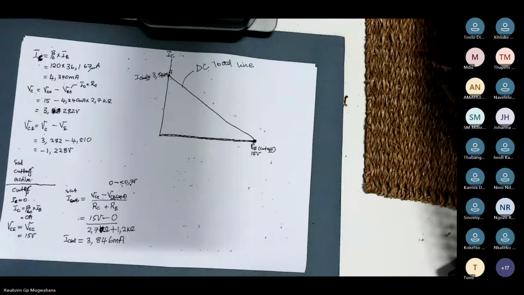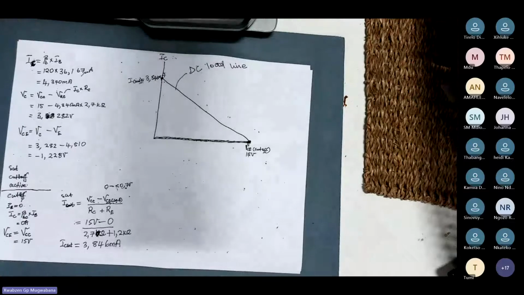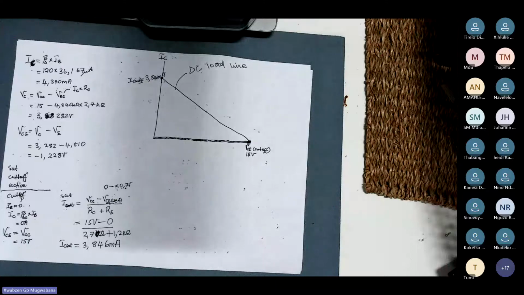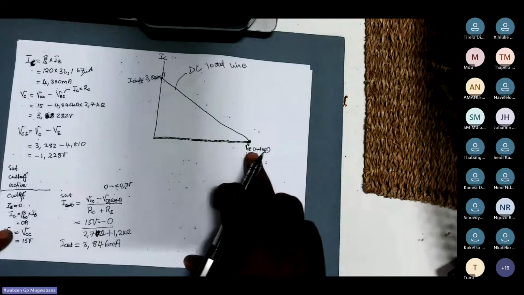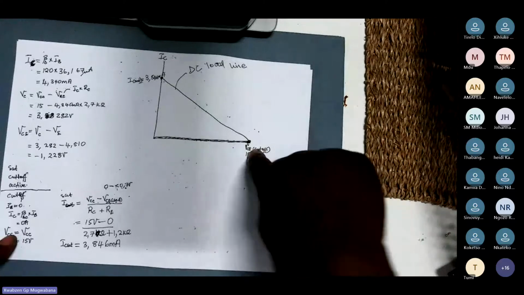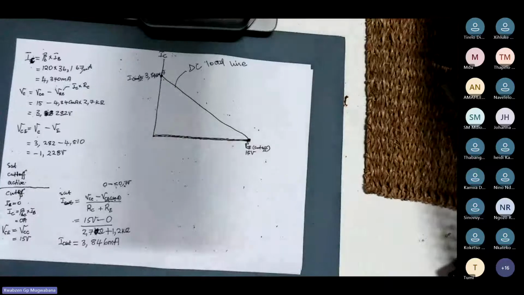Are we together? Now, I want you to listen to me very carefully. For the transistor to be active, you ask yourself, where does it fall within the saturation and the cutoff region? Your VCE must not be equal to 15, and it must not be less than 0,7 volts.